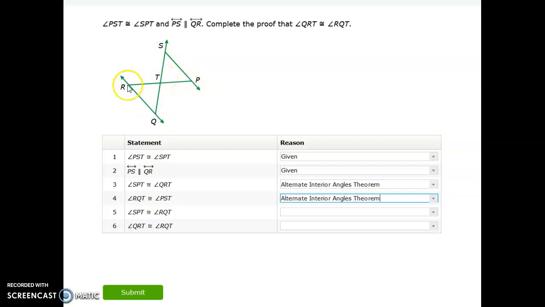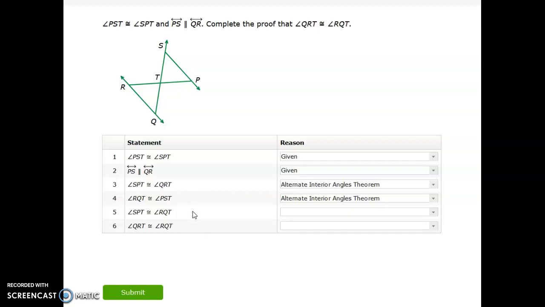SPT is congruent to RQT. Okay, let's take a look at this one again. So for this one, I don't think it's in the figure. I don't think the figure is the reason. Let's see if we can use the previous lines to come up with this one.